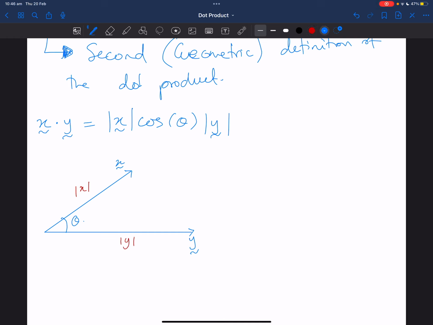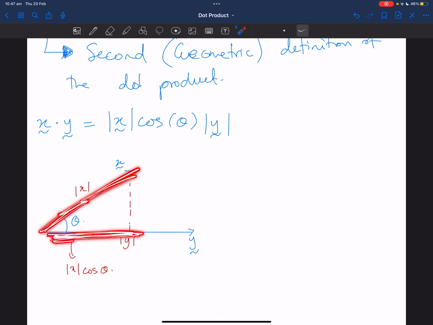And x cos theta is actually just equal to this length here. The reason is this is a 90-degree triangle, and so cos theta equals adjacent divided by hypotenuse, and so the adjacent side is just equal to x cos theta.